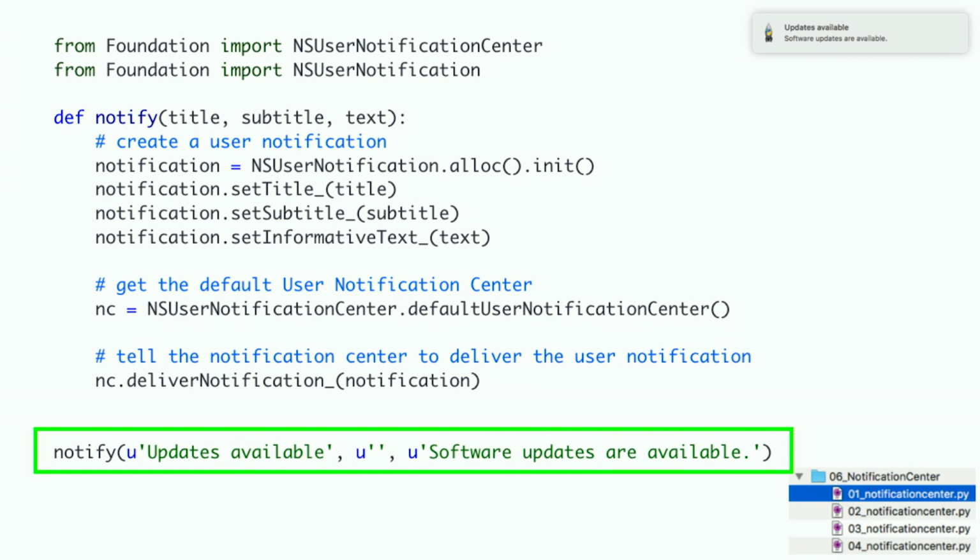So by default, it's going to show the icon for the Python app, which is this goofy rocket ship. And there really isn't an API to tell it to display a different icon. It's just going to display the icon of the current app. So you might not want to do that. You may want to do something else.